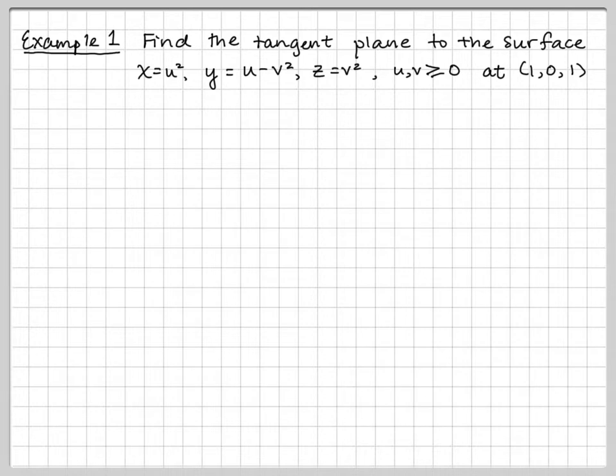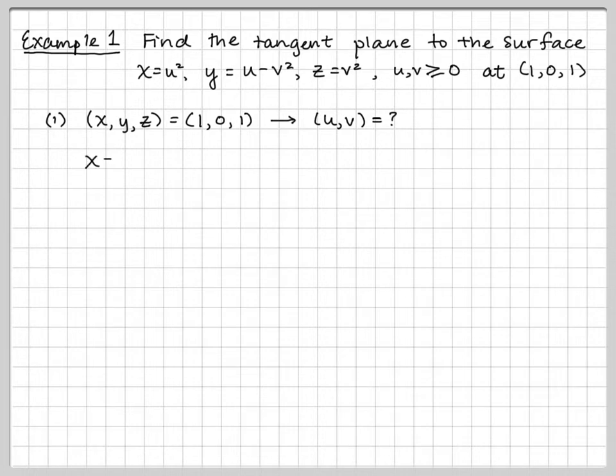You don't necessarily need to sketch a surface to find the equation of this tangent plane. So for step 1, we want to figure out that this point that we're given, x, y, z, is (1, 0, 1), corresponds to what point in the uv plane? Let's figure that out first.